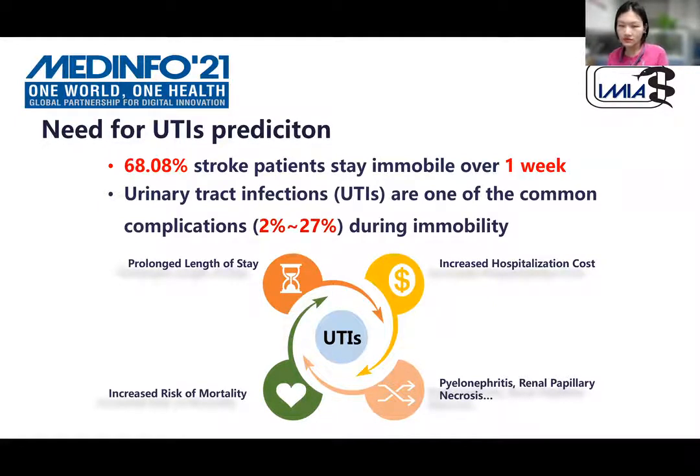This could cause many poor outcomes like prolonged length of stay, increased hospitalization costs, increased risk of mortality, and their renal function would get worse and worse. Therefore, assessing and identifying high-risk groups of UTIs has become an important task for infection management among patients undergoing stroke.